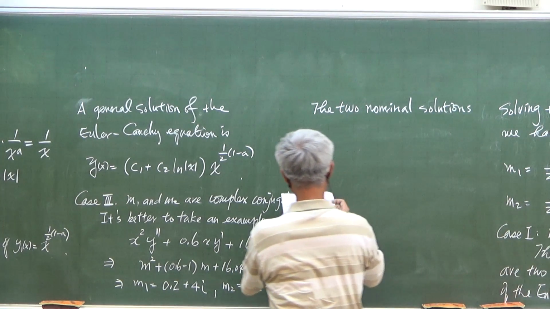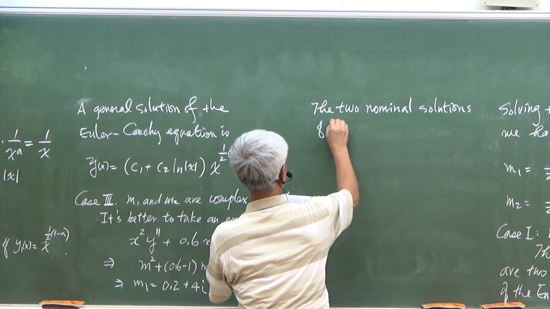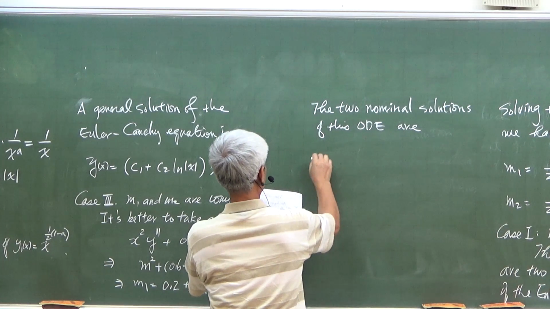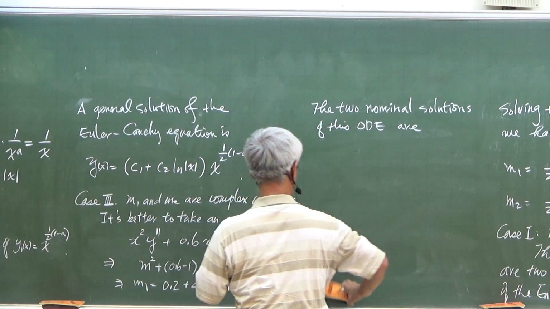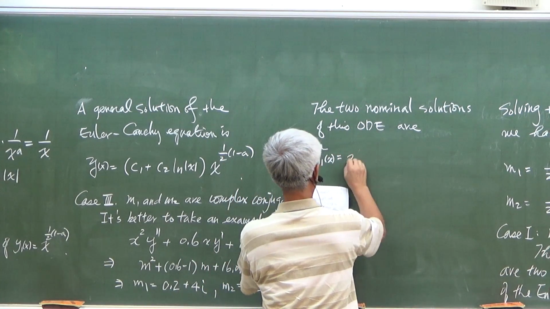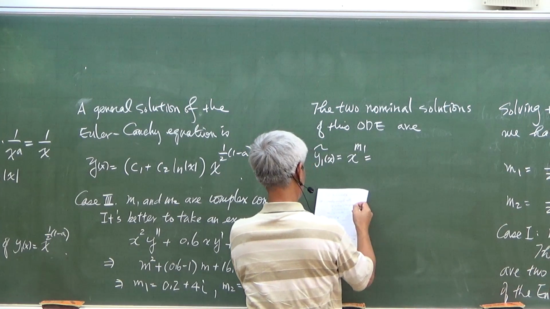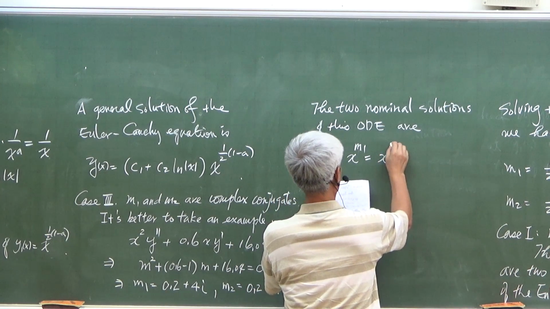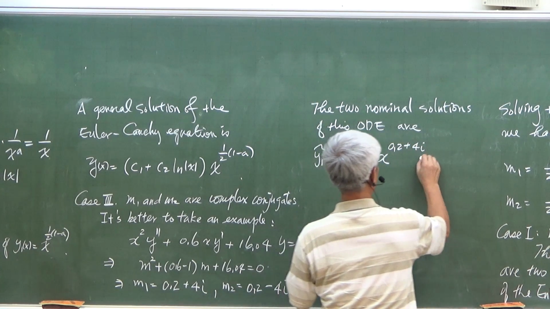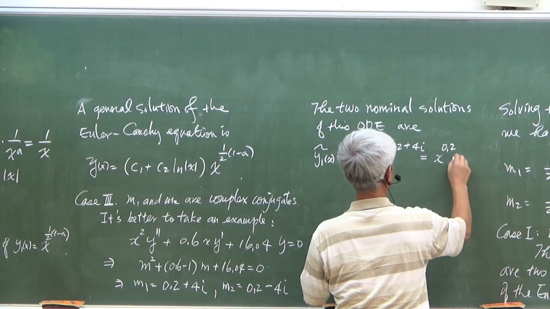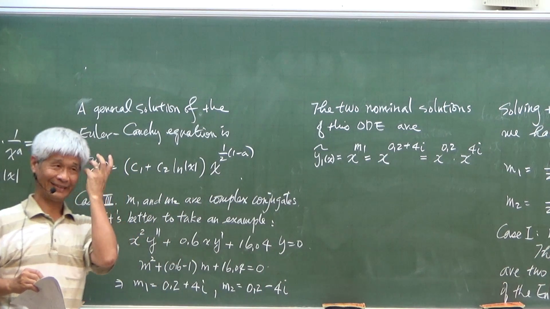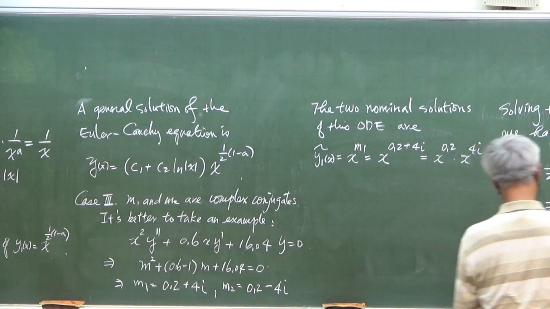So the two nominal solutions are: y1 is equal to x to the power m1, which is equal to x to the 0.2 plus 4i, and this is equal to x to the 0.2 times x to the 4i.